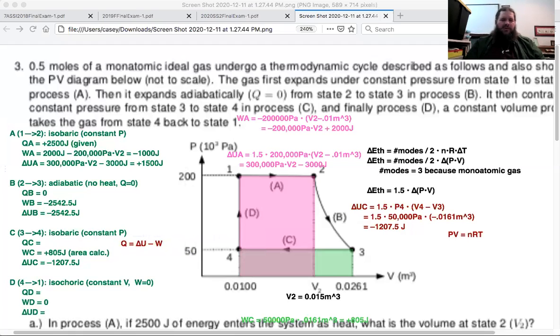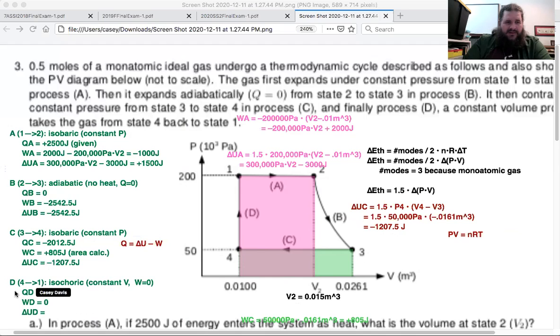And we know both of those, delta U, negative 1207.5, minus work, 805. We get negative 2012.5. So that would be the heat involved in process C. You've got to have a lot of heat leaving the system and a little bit of work entering as it condenses or as it gets compressed. And then this is our actual change in energy.